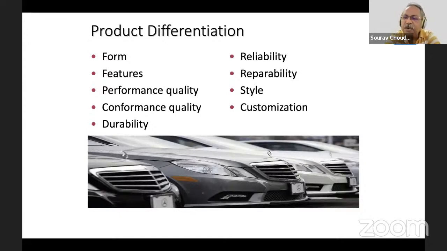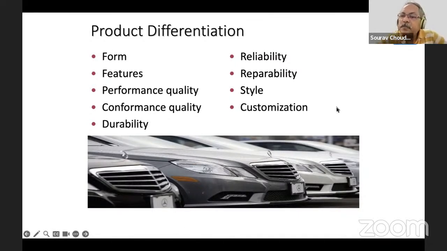A BMW and a Maruti Alto both have a difference in performance quality. Correct. And conformance of the quality. It depends on the conformance of the quality, that it is as per the expectation of the customer. The quality is as per the expectation of the customer, and that also makes the differentiation.